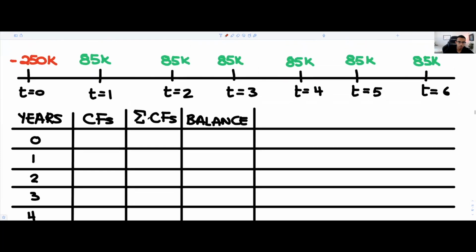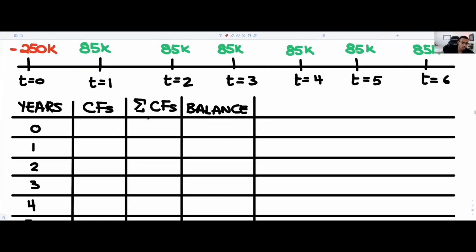We just go up a little bit. Look at that. How awesome is this? We know that our initial investment, so our CF0, is equal to 250K, right? We know that our sum of our cash flows, well, we don't have any cash flows yet at that point. We know that our balance at that year will be equal to $250,000, just like that.